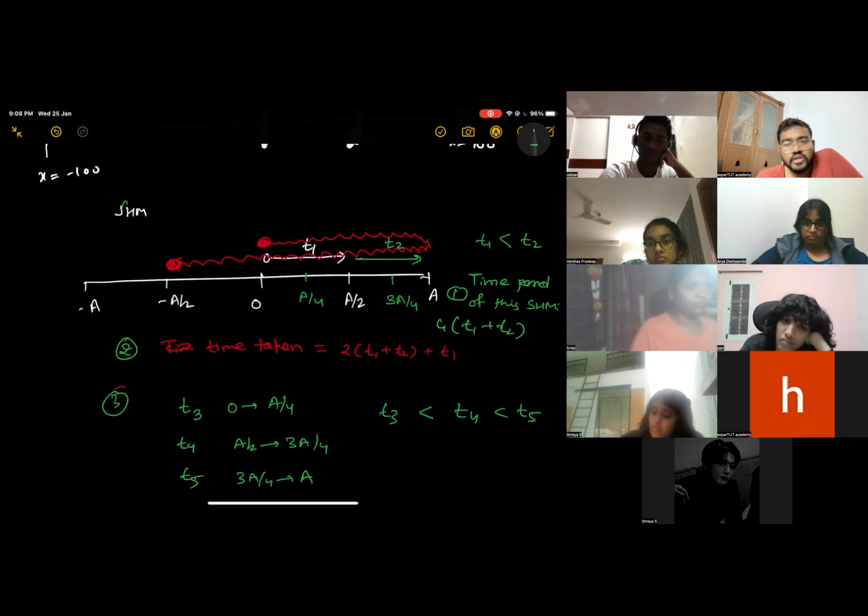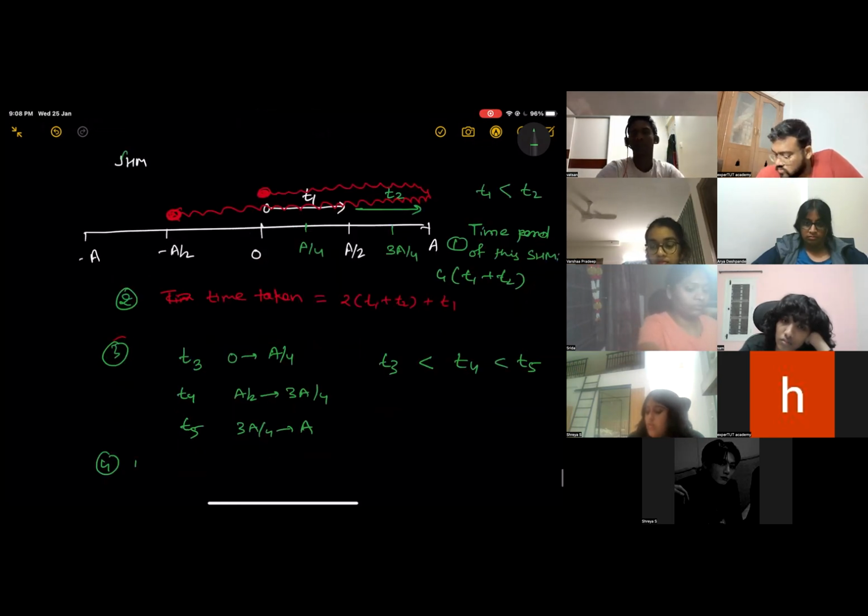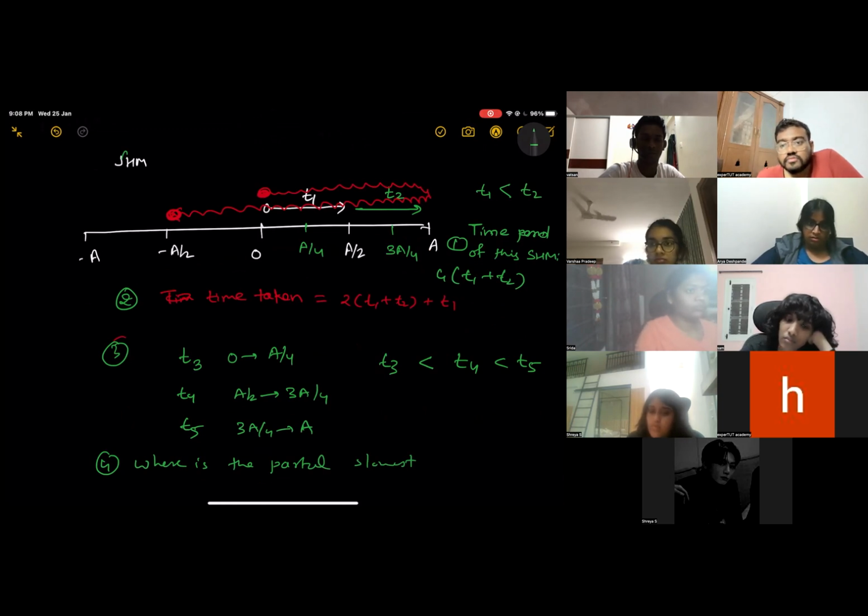Okay. ठीक. Where is the particle slowest? Yeah. At either plus A or minus A. और कितनी स्पीड है यहाँ पे? जीरो है, एग्जैक्ट जीरो है. रेस्ट पे है ना वहां पे मोमेंटरीली. ठीक है.